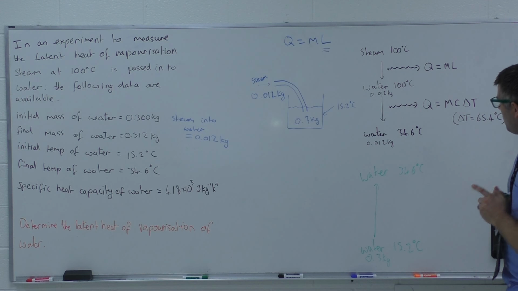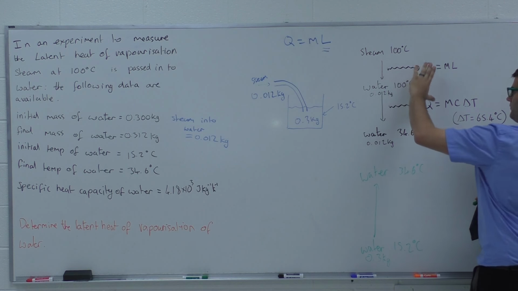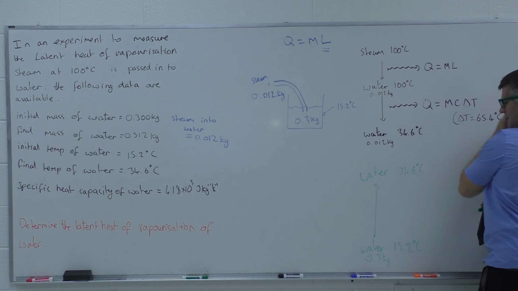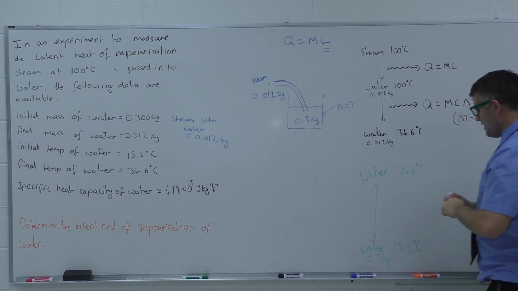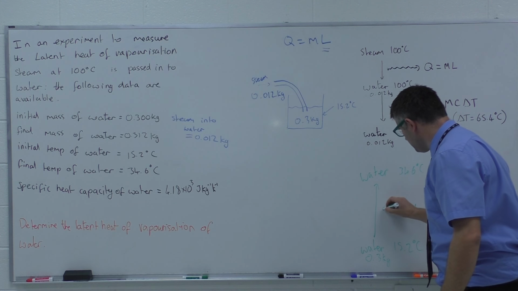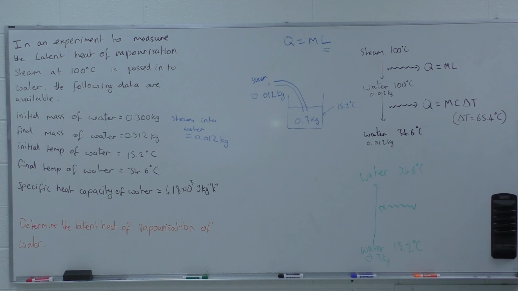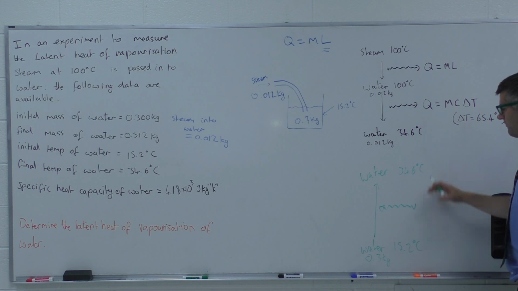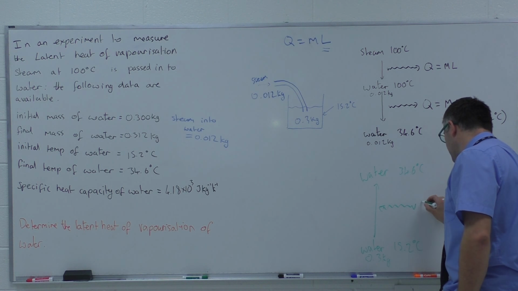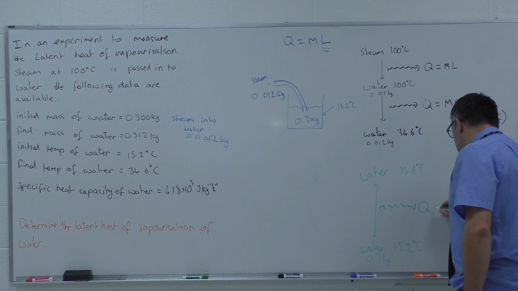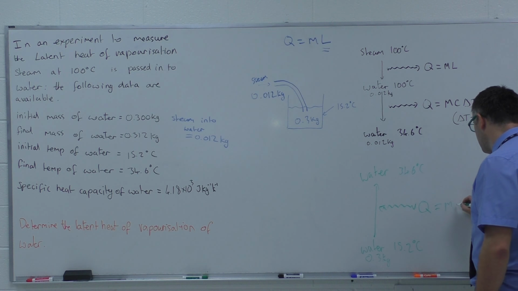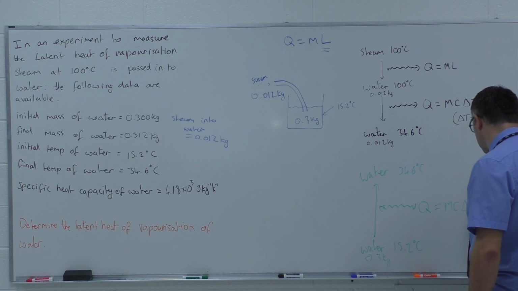So all the energy from here is going into this here. And remember, this is just a change in temperature. So the amount of energy going in here is Q, which is equal to mcΔT.